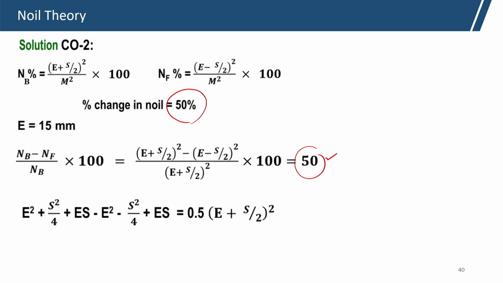Now, solving this equation, E square plus S square by 4, E multiplied by S. So, by rearranging this equation, we get it equal to 0.5 E plus S by 2 square, the left hand side.